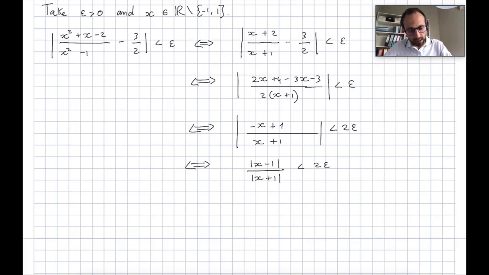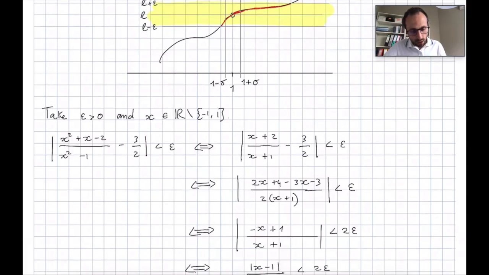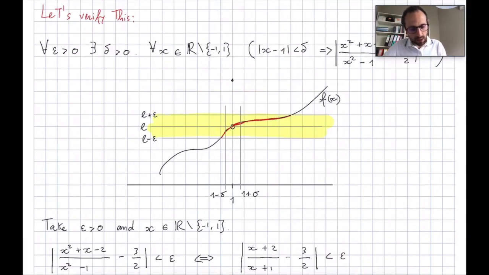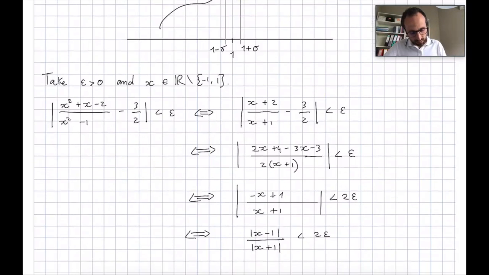So now we have to look for a condition on the absolute value of x minus 1, like here, we have to find the delta. If you look at this expression, x minus 1 is already there, so half of the job is done. However, unfortunately, we have this x plus 1 in the denominator.